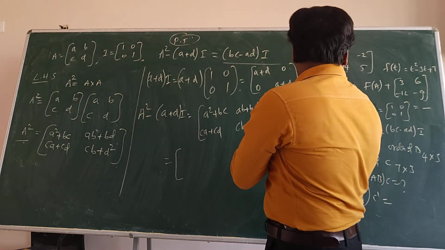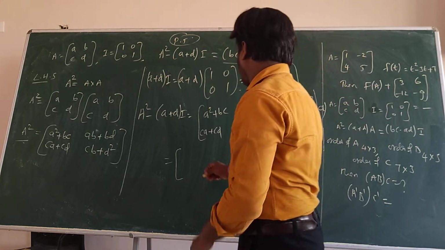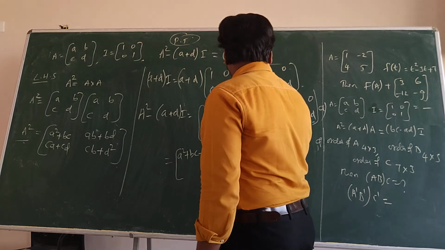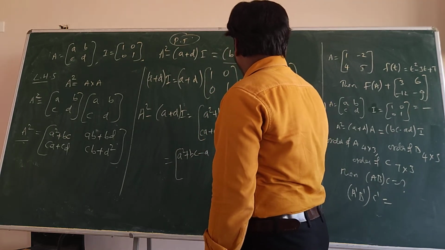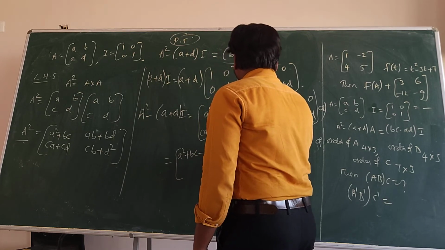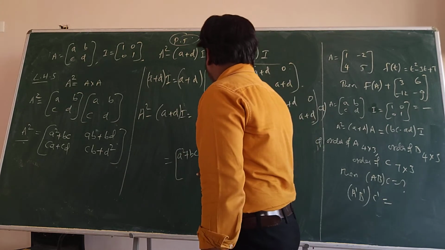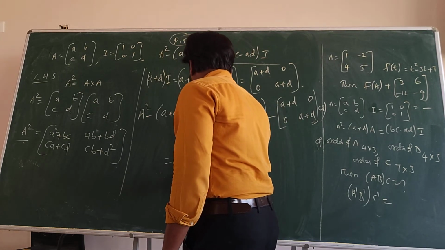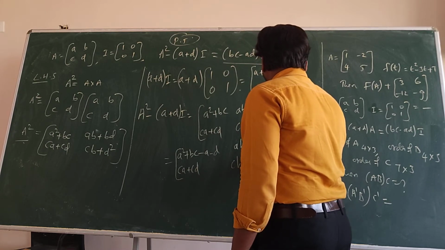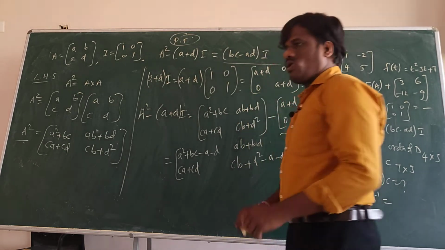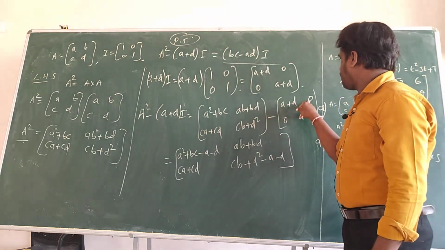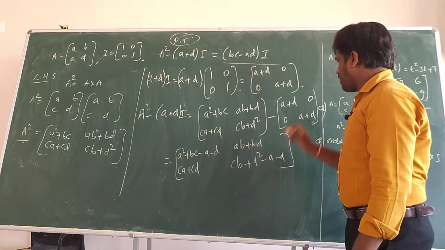A square plus BC minus A minus D, 0, AB plus BD, CA plus CD, CB plus D square minus A minus D. Correct? Subtracted.